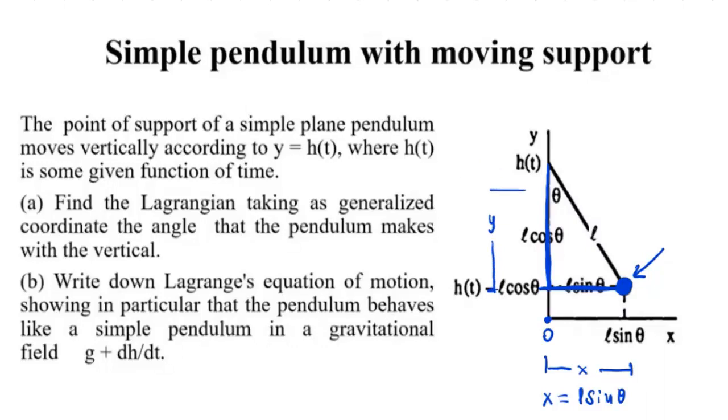We need to take into account all this distance. The red distance is h, and the blue distance is L cosine of theta.